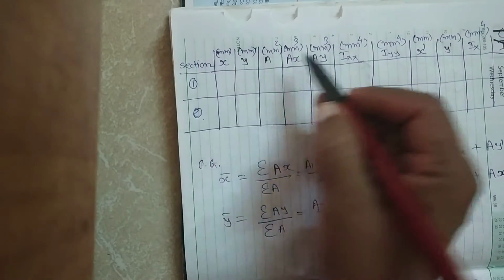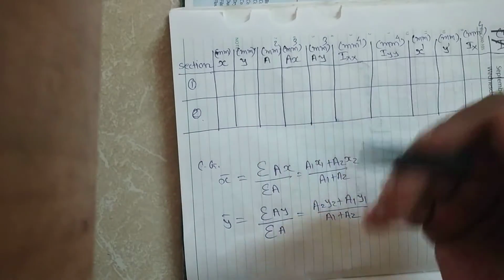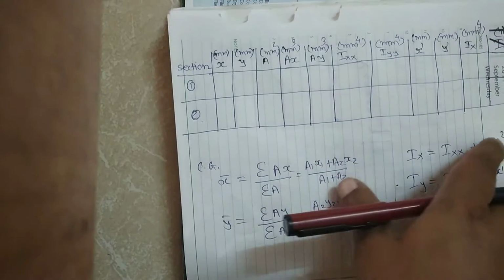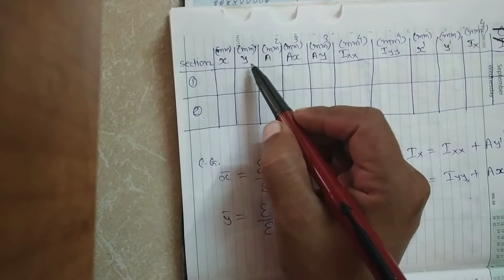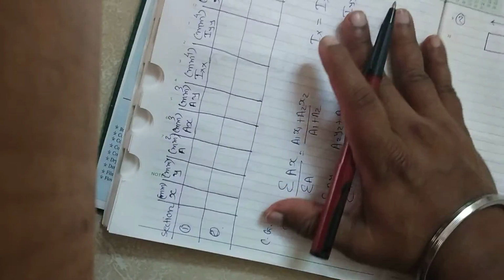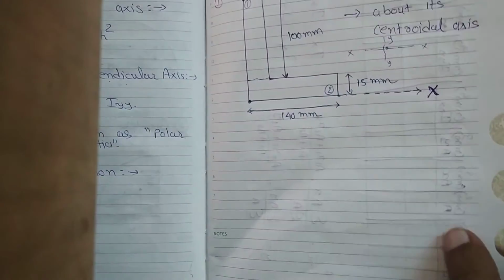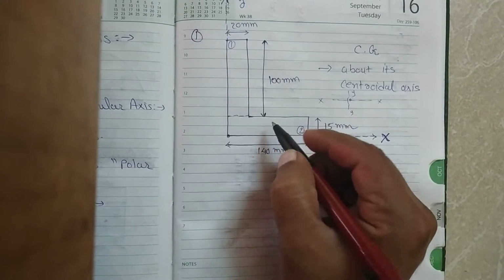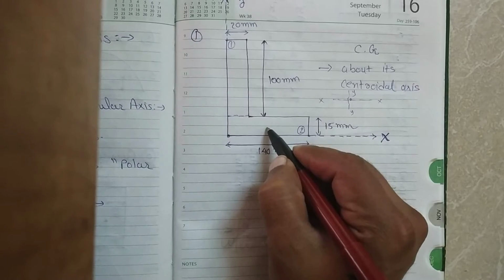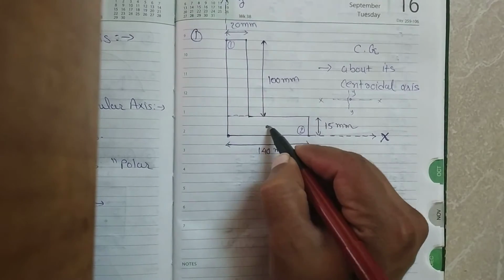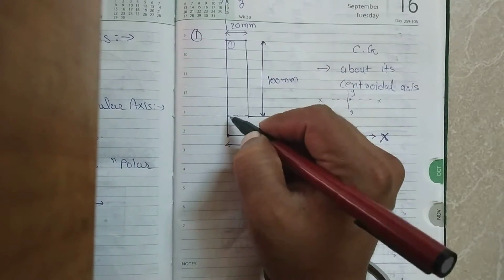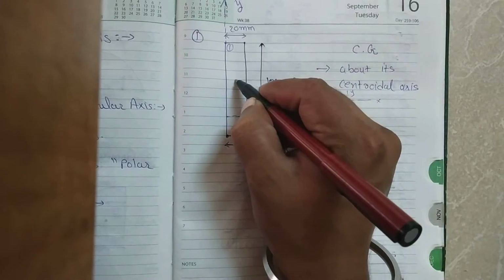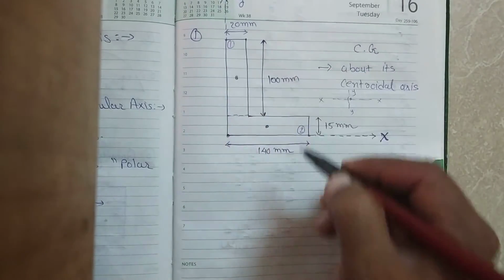We are going one by one, and after that you have to prepare this table. First, x and y. So what are x and y? Let's discuss in detail. These are rectangles, and you know a rectangle has its centroid at its center, and section 1, another rectangle, has its centroid here.